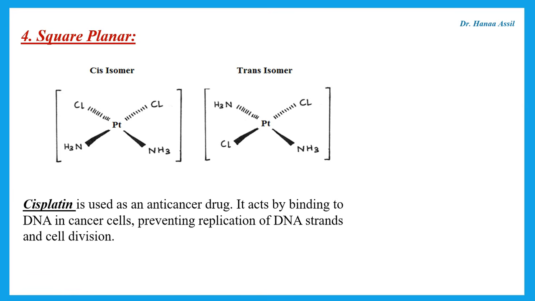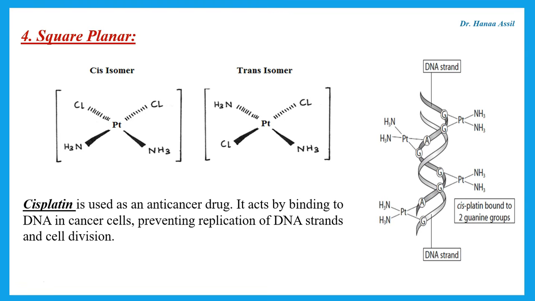We can have 2 forms of it, a cis and a trans, and the importance of this is that the cis is used as an anti-cancer drug. You should know that this is because it binds to the DNA in the cancer cells. Remember, DNA has what we call nitrogen bases.